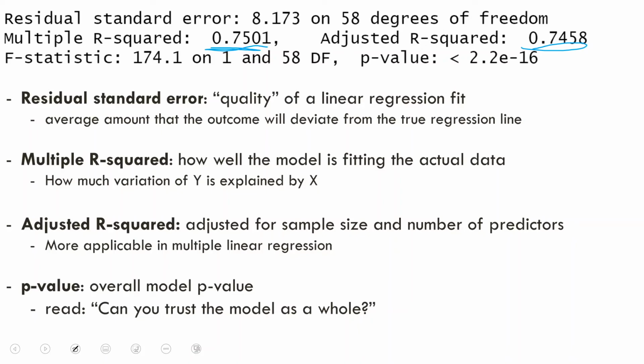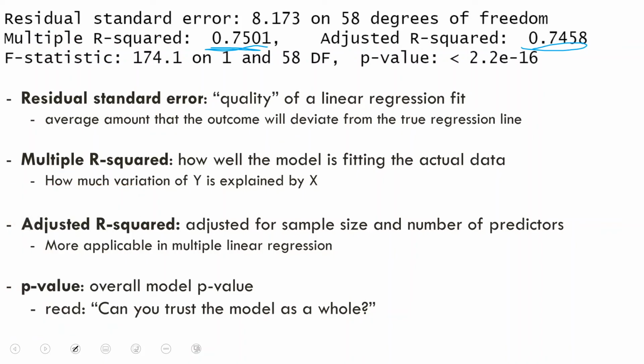We won't so much worry about the standard error of the residuals, the degrees of freedom, the F-statistic, whatever, more or less for a more advanced regression class. But since we're only working with one predictor and one outcome, this multiple R-squared is really just the R-squared. By default, R just says it's multiple because it's easier to print. But just keeping that in mind.